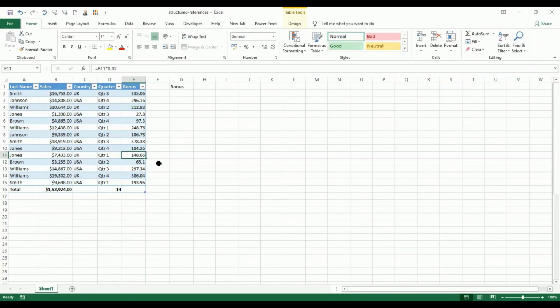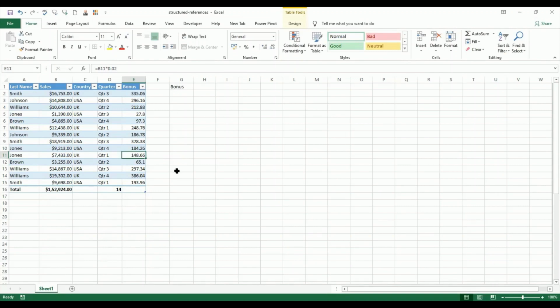This is a very important aspect when you're working in a table. We call this structured referencing. That means the reference that is being done for the cells is not only between B11 and 0.02, but once it's applied, it automatically helps me to apply it to all the remaining cells of the table.